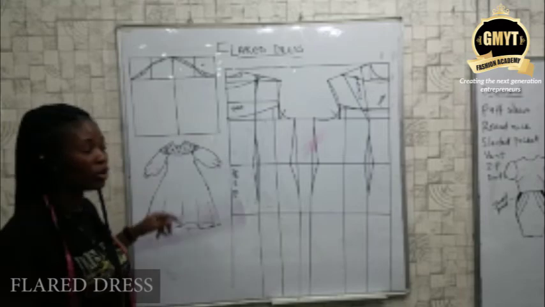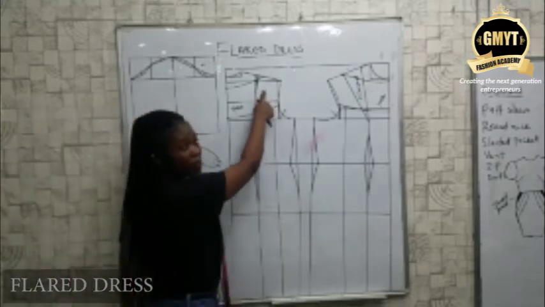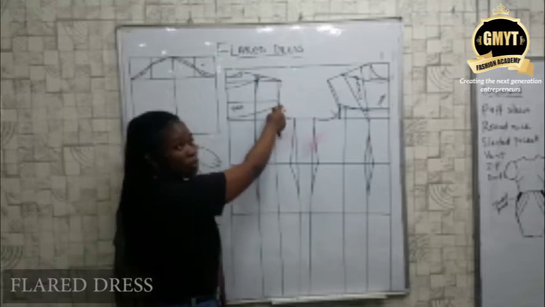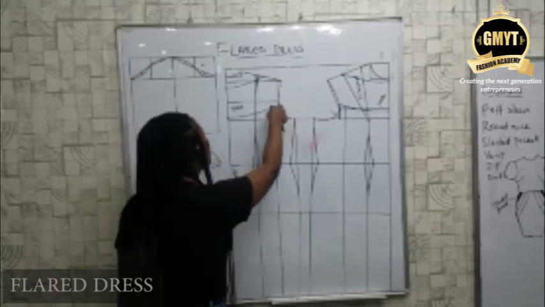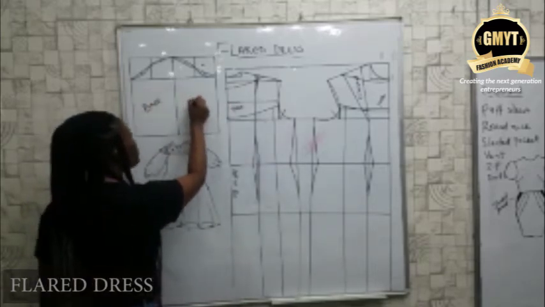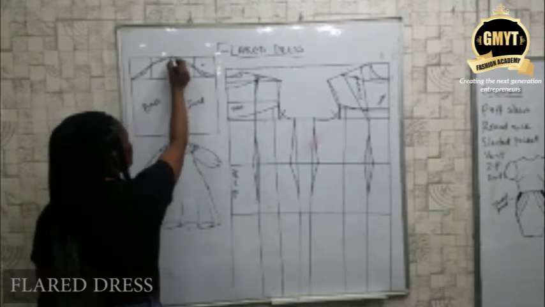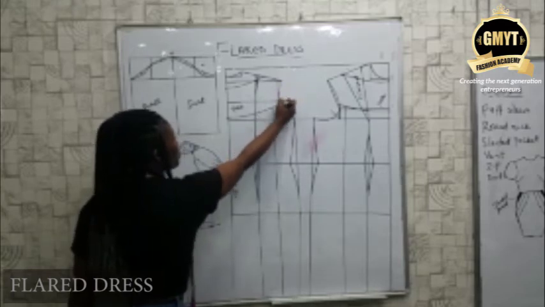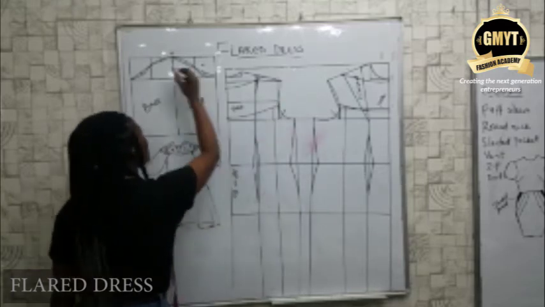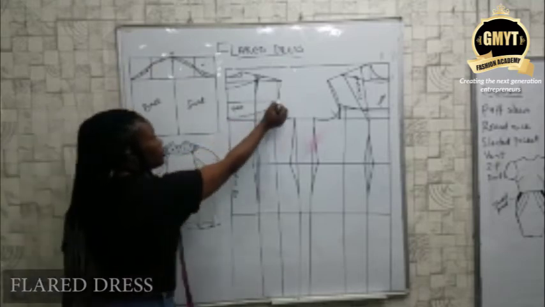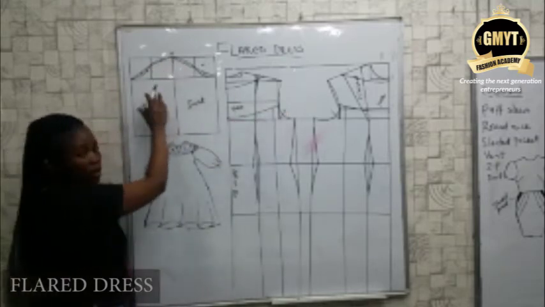So marking the yoke point, if you come to my back pattern here, I'm going to measure from my SP here to the point here for the back. Then I come to the back section of my sleeve pattern and measure from this point to 0, whatever I have here, to this point. I'm going to measure the same thing to that. Let's say that is the point. From here to here is from here to here on the back part.